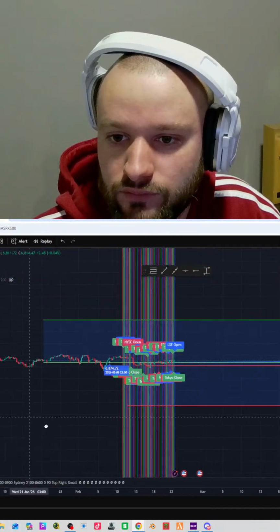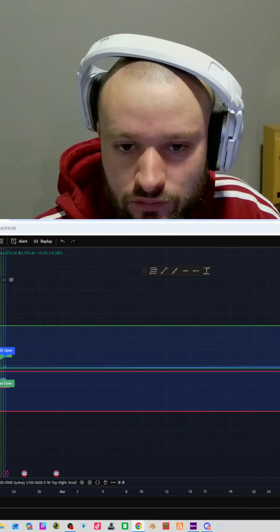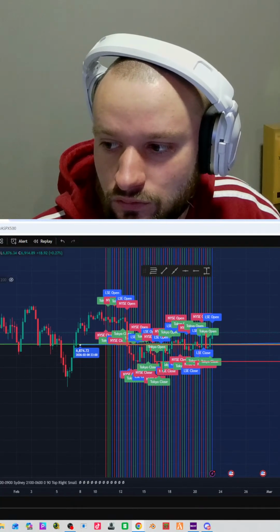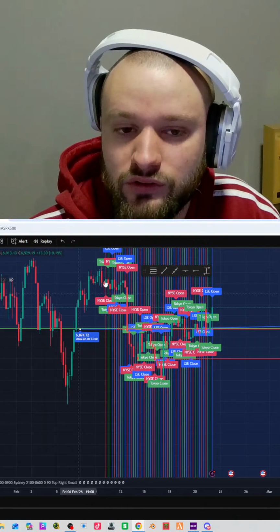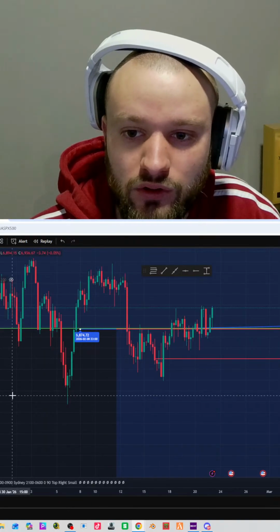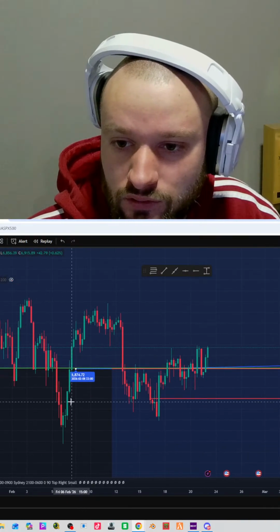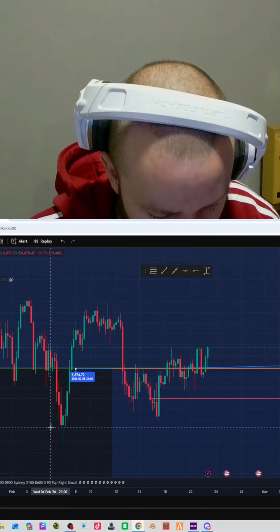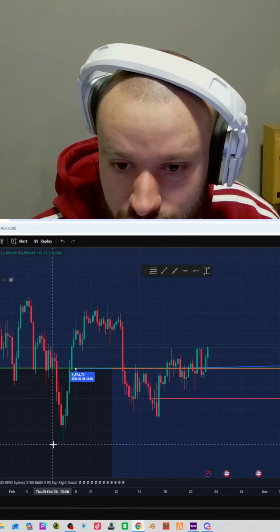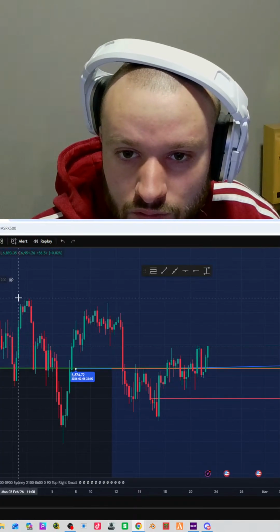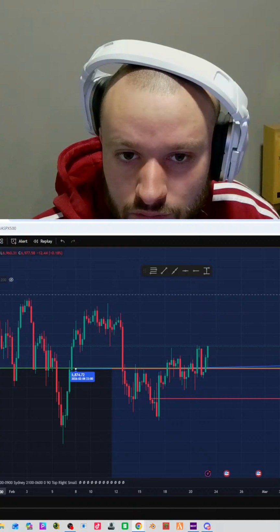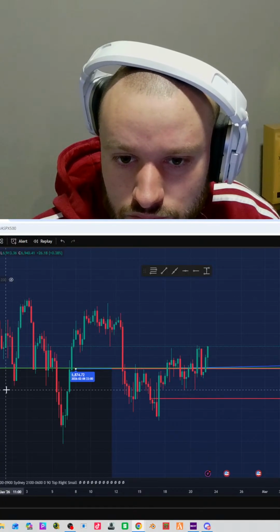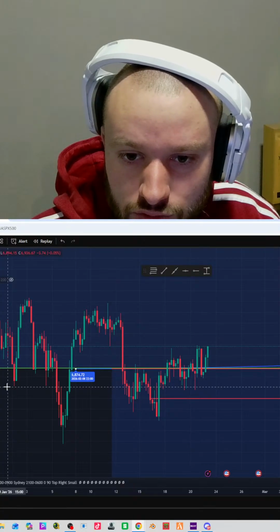Oh, what is going on here? I need to get rid of this market opening closing times. So here, here's a liquidity sweep.